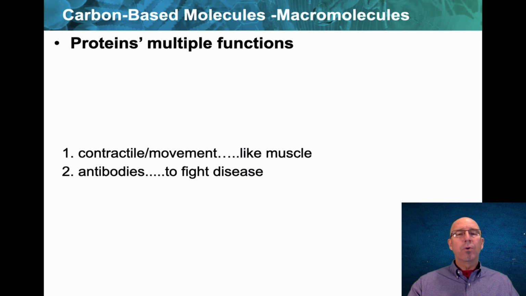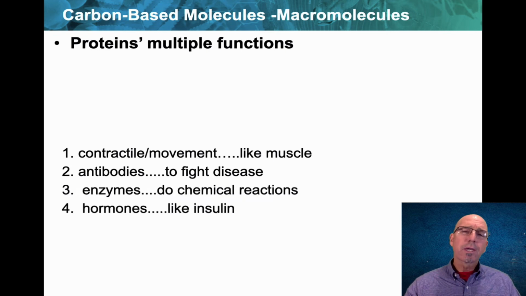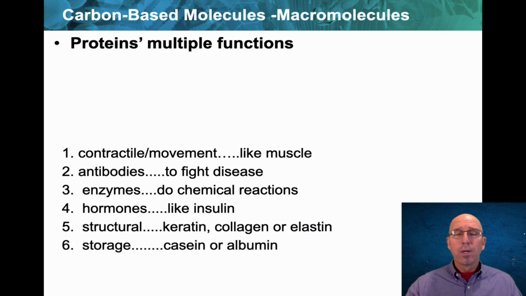They also, hopefully you've heard about antibodies with coronavirus, help fight diseases. Enzymes do chemical reactions. Hormones like insulin, right, help put glucose into your cells and get it out of your bloodstream. They're structural, like collagen and elastin that you find in your skin, or keratin, which is found in your hair. They also store, it's just a storage molecule.